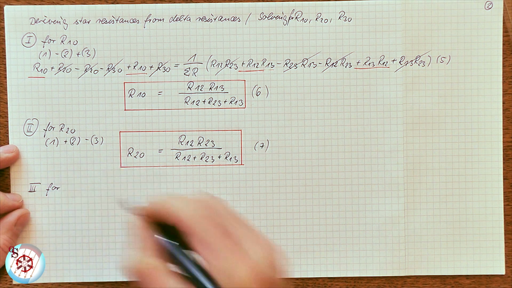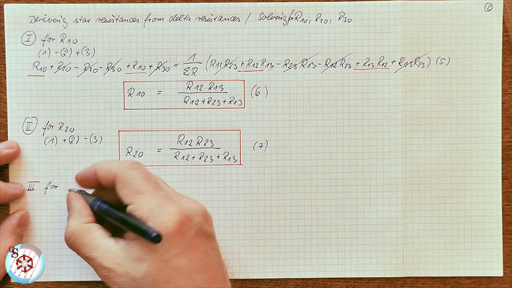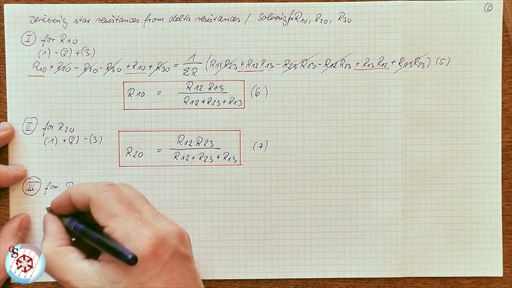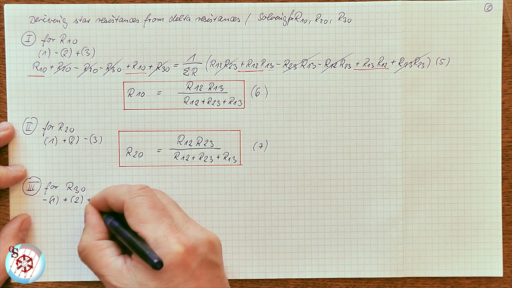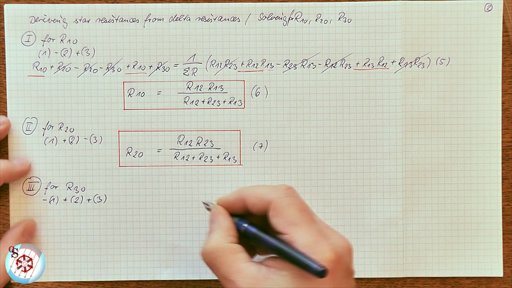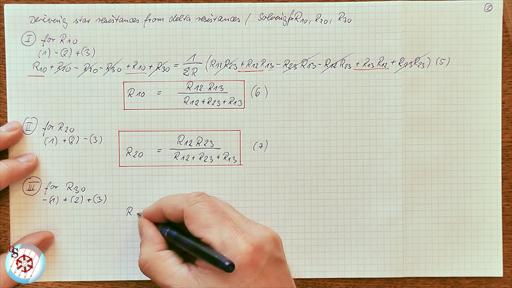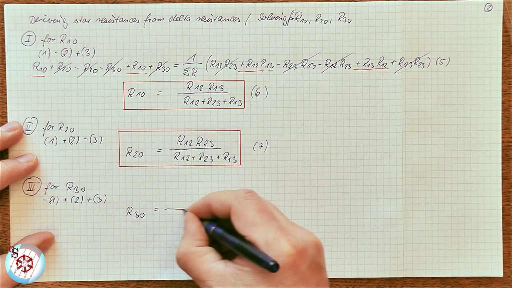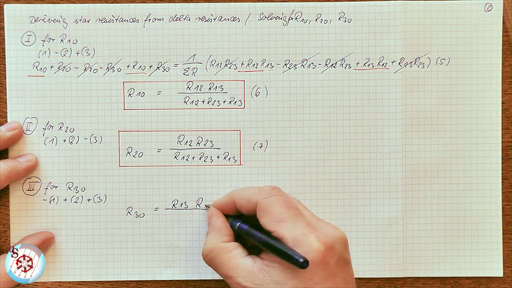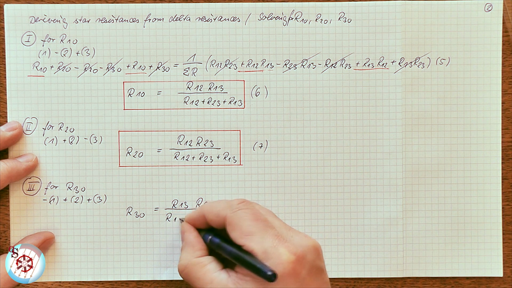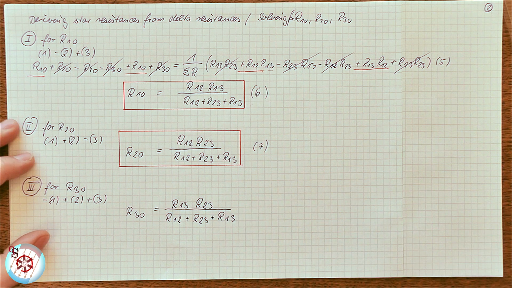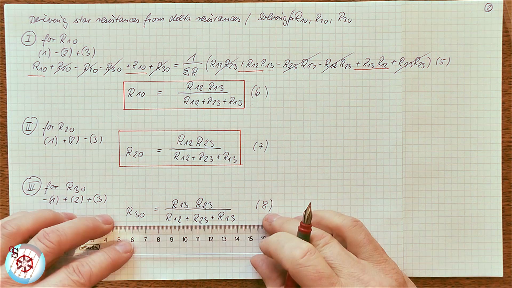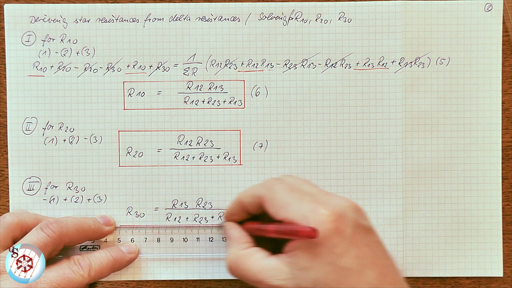We solve those 3 equations for R30. To obtain R30, you calculate minus equation 1 plus equation 2 plus equation 3. And if you put it all together, you get for R30, that's R13 R23 divided by R12 plus R23 plus R13. Well, I think that's pretty clear, and that's not so difficult after all.